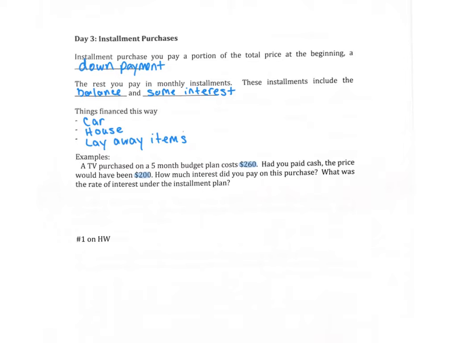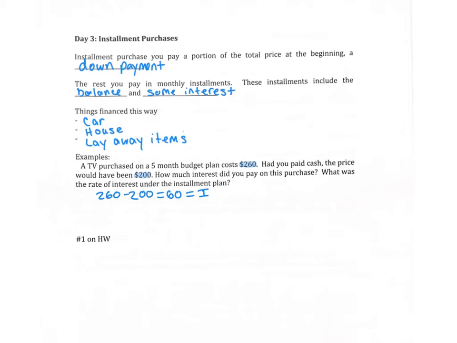So $260 minus 200 equals 60. That's going to be our interest. So we paid $60 in interest on this purchase.